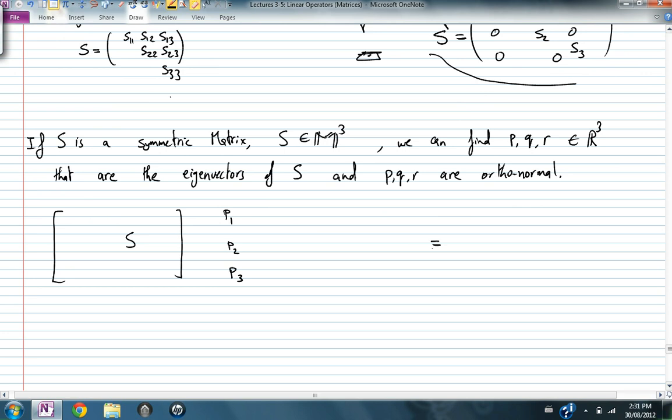Well, I know that SP is equal to lambda 1 P, which means when I multiply S by the components of P, I get the components of P again, but multiplied by a number lambda 1. But that's the same for Q as well.